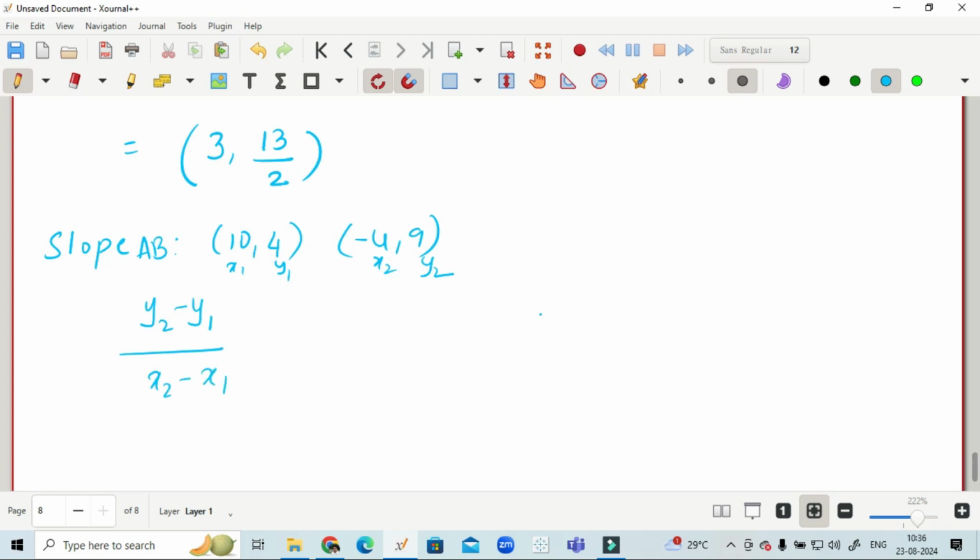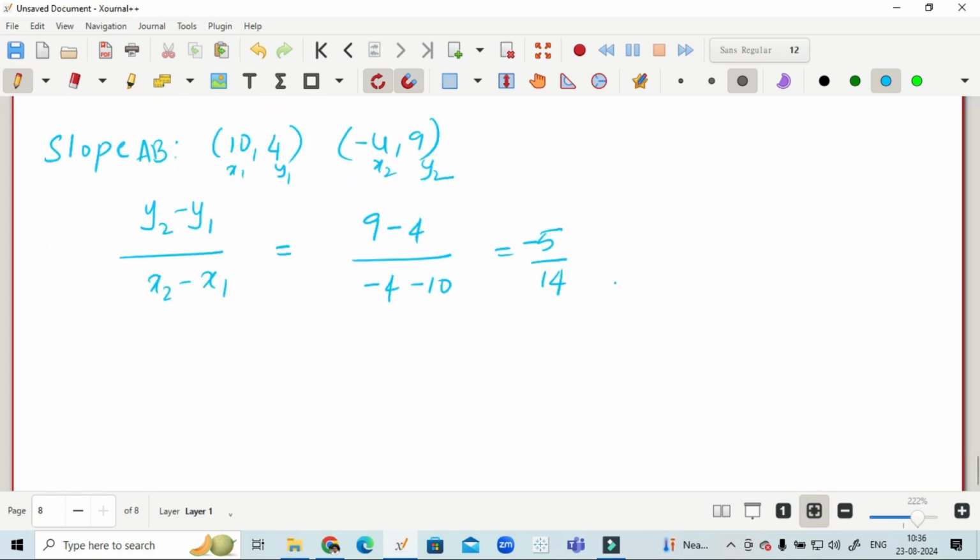This is equal to 9 minus 4 by minus 4 minus 10, which is equal to 5 by minus 14. So this is the slope of AB, but we want the perpendicular slope.